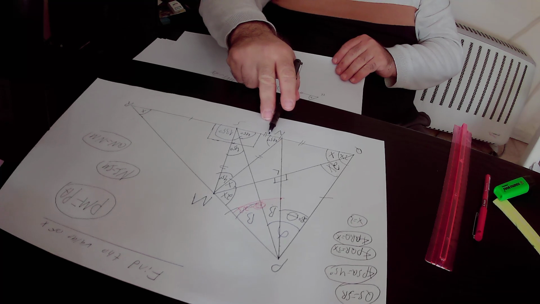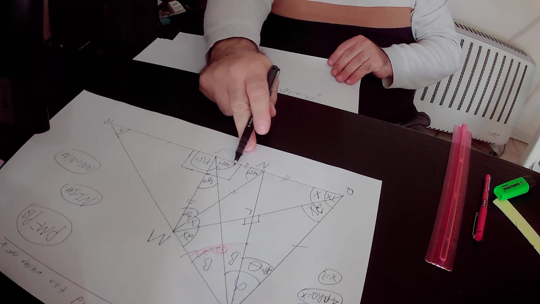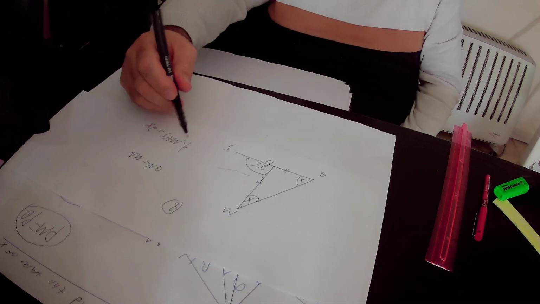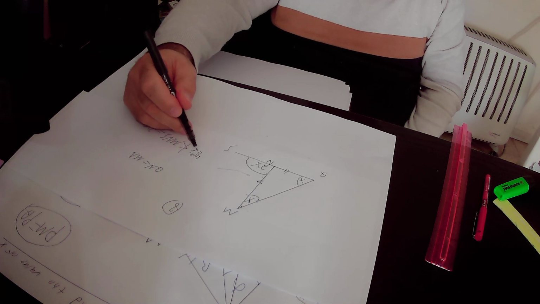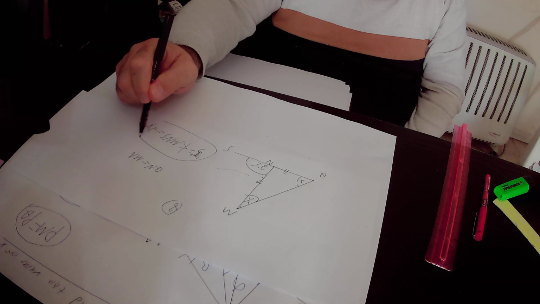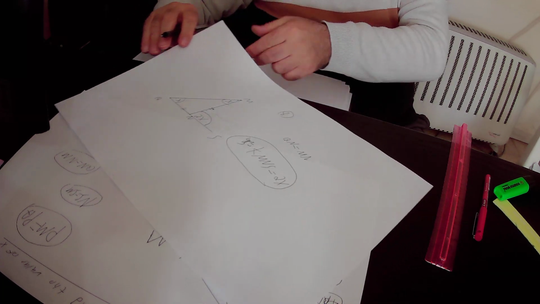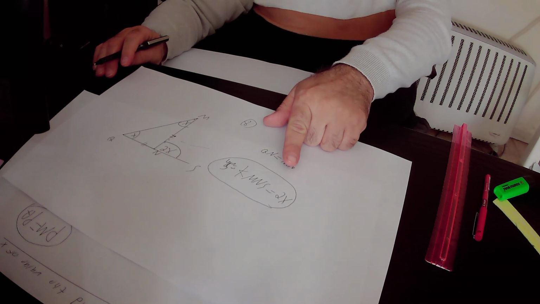But we have already found out that angle MNS equals 45 degrees, as you can see from the drawing. So from this equation, we will conclude that 45 degrees equals 2x.